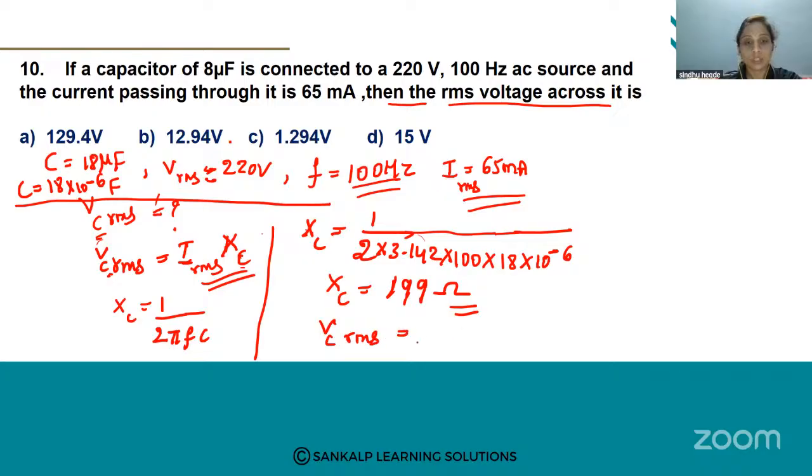VCRMS is equal to, what is the IRMS value? 65. Okay. Here they give it in milliampere, so you have to convert it into amperes. When you convert it into amperes, 65 into 10 raised to minus 3 amperes.